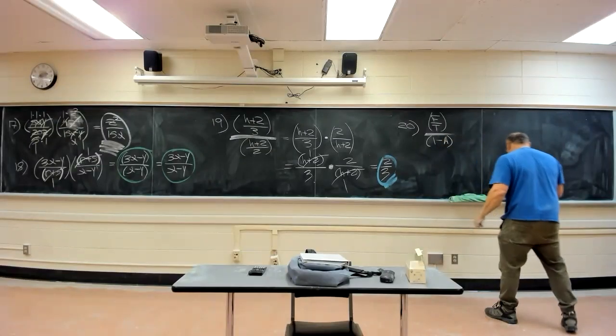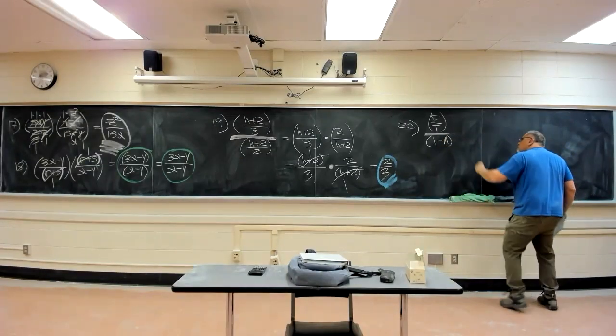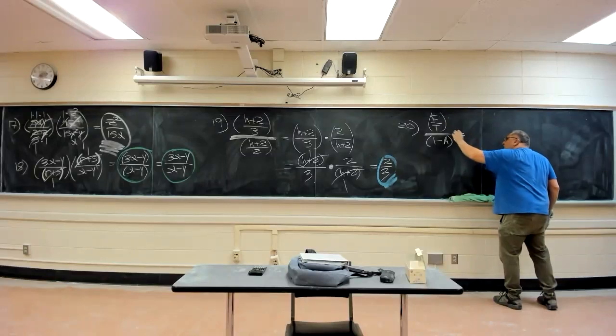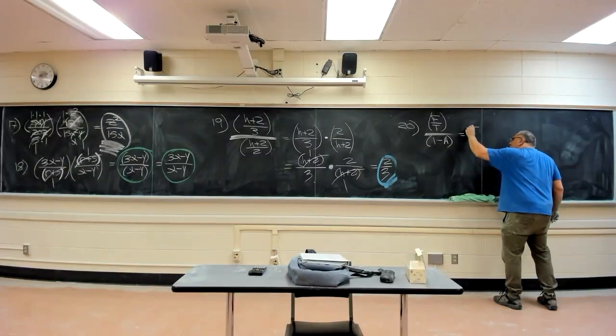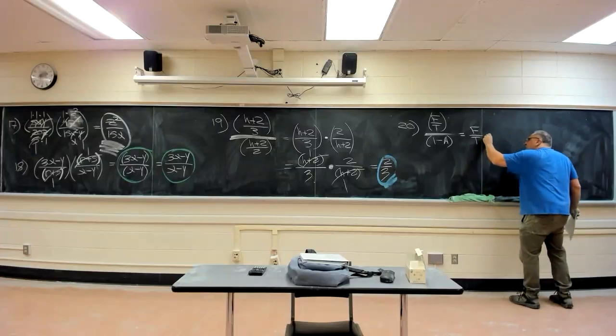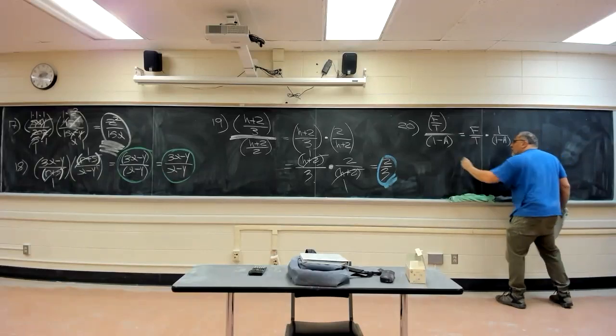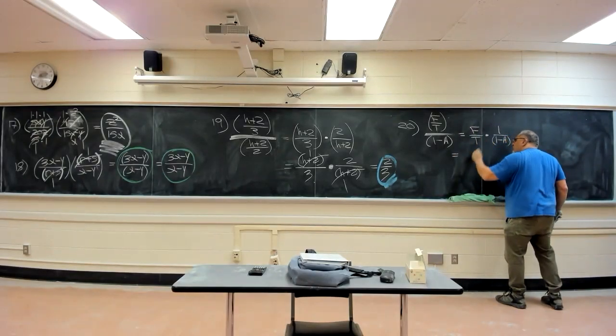Kind of an interesting situation. This f over t on top, you can just write it f over t times 1 over 1 minus a. That can be written as f times 1 is f.